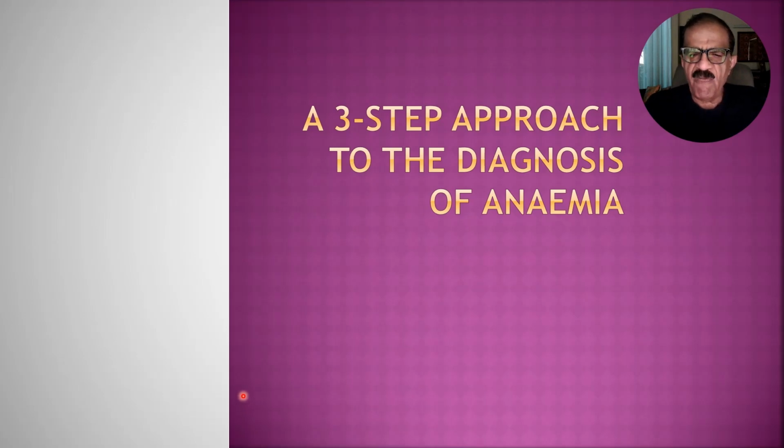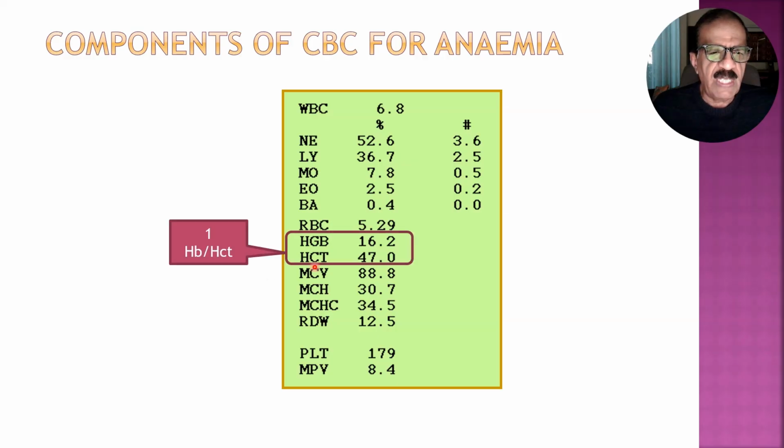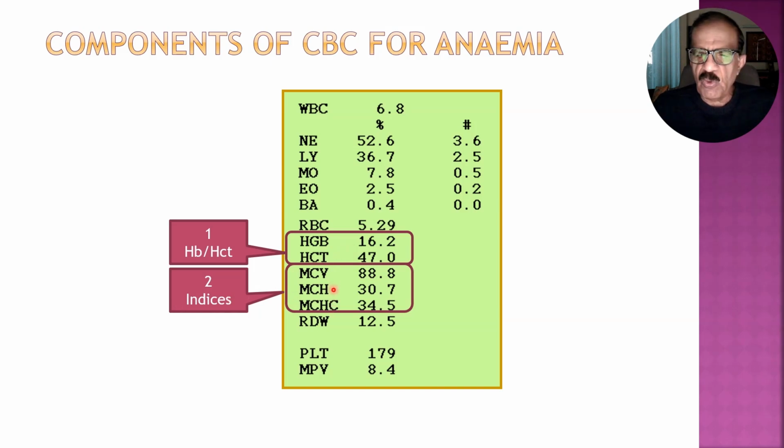So this is my favorite concept, a three-step approach to the diagnosis of anemia. First of all, we'll examine this one, okay? Now, of course, in this case, it looks normal, but in anemia, this would be low. And the second step would be to go for the indices. Out of these three, I would categorize anemia based on MCV.